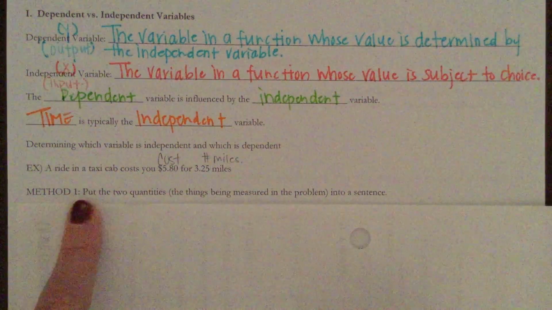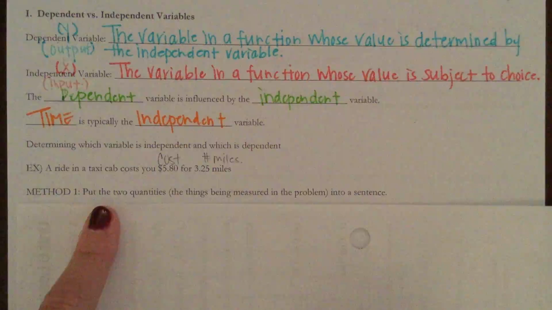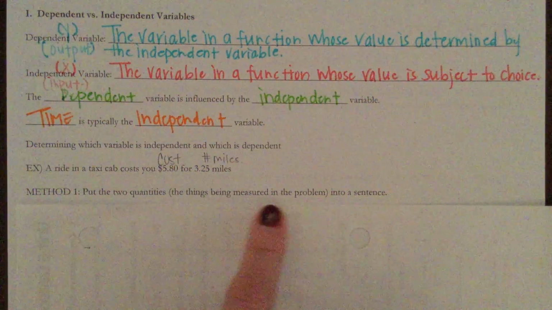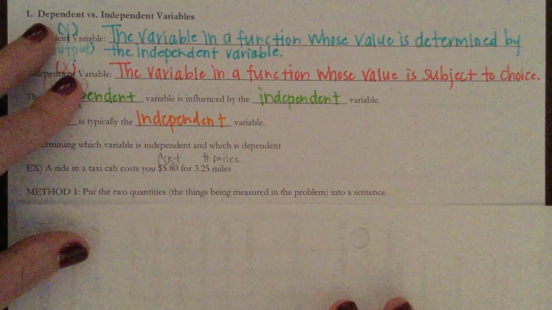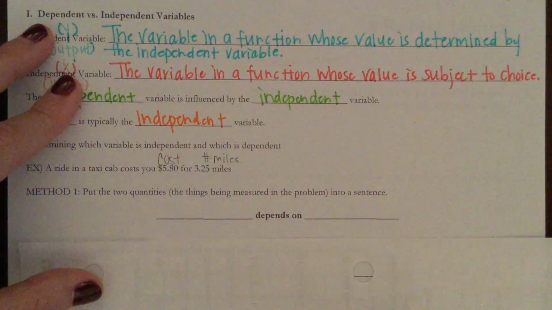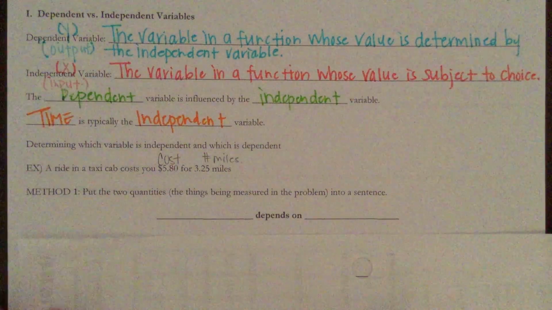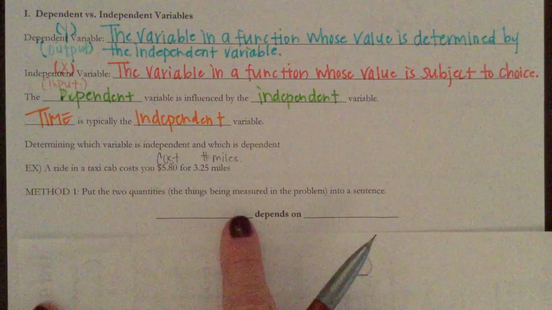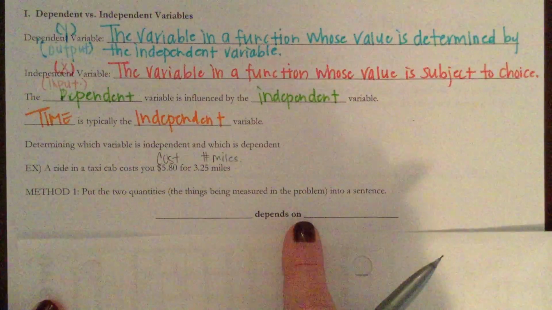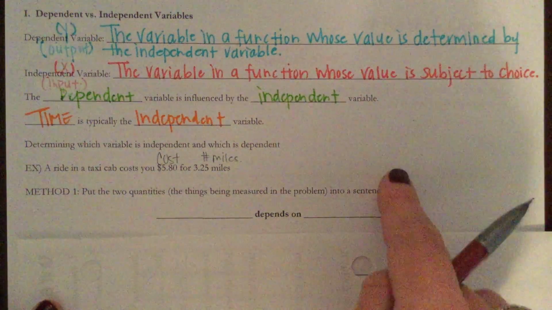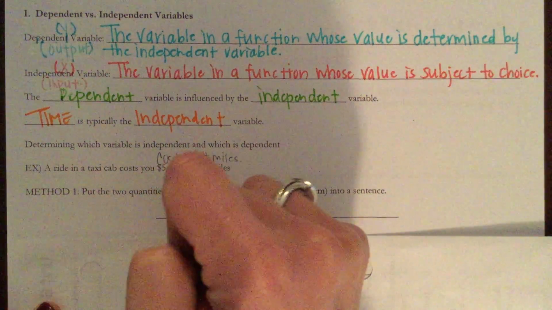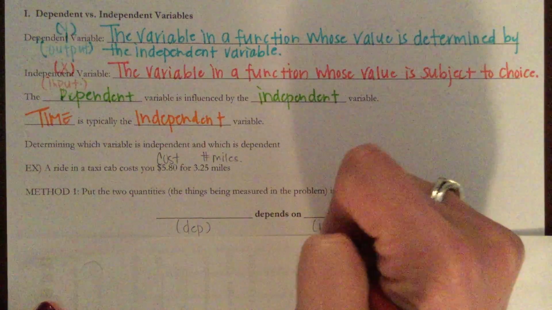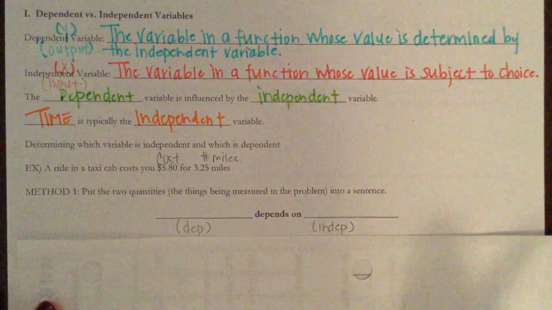One way that we can use to determine independent and dependent variables is to put the two quantities, or the things that are being measured, into a sentence. The sentence would say something like blank depends on blank. What you put in the first part of the sentence depends on what you put in the second part of the sentence. That makes this first part the dependent variable and the second part the independent variable.